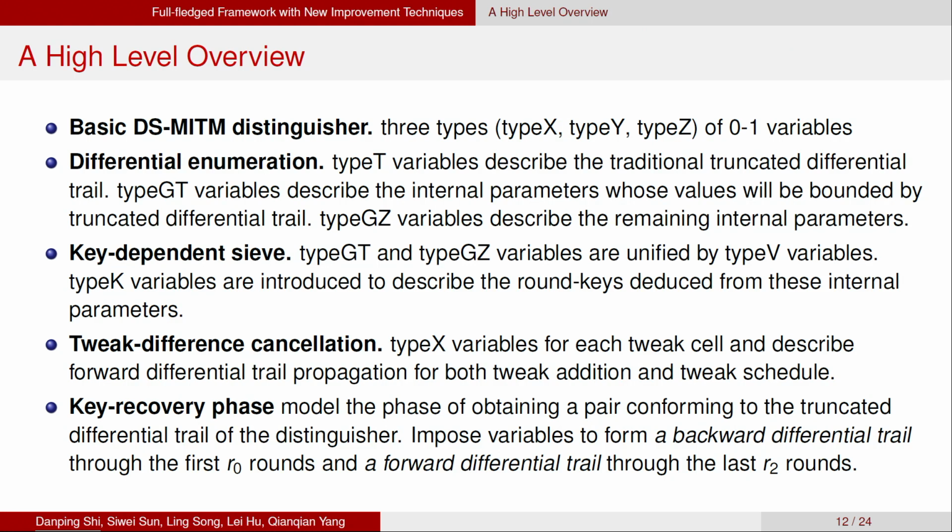The method for modeling the key recovery phase is similar to the previous CP-based approach. In this paper, we just need to model the phase of obtaining a pair conforming to the truncated differential tree.